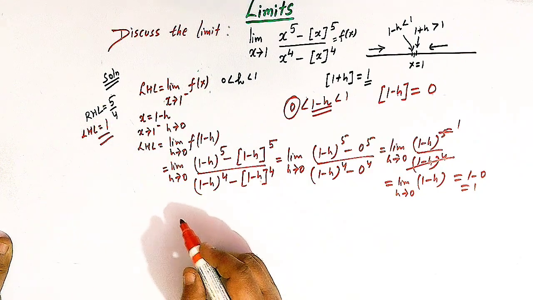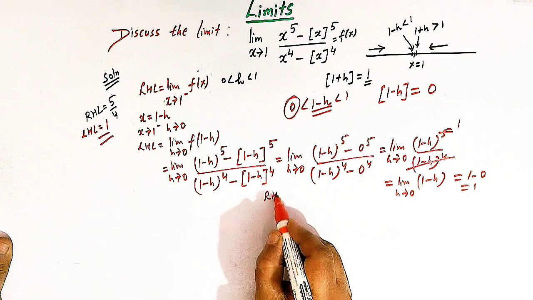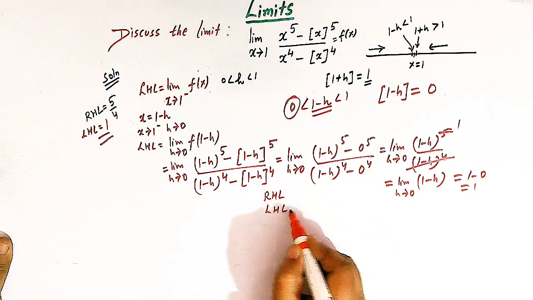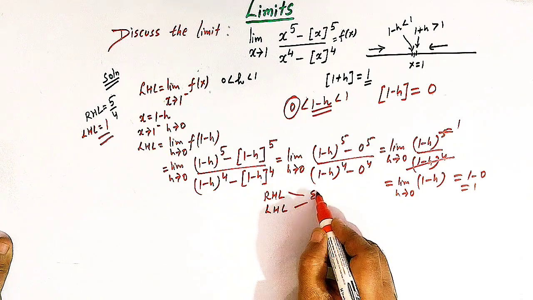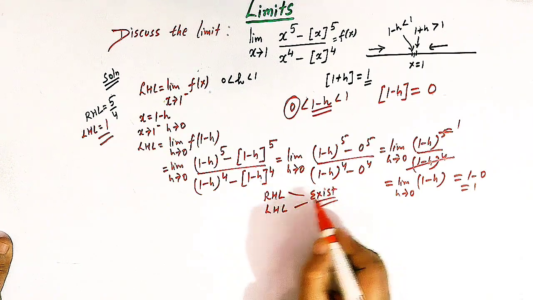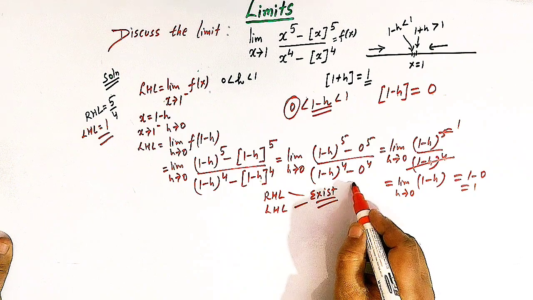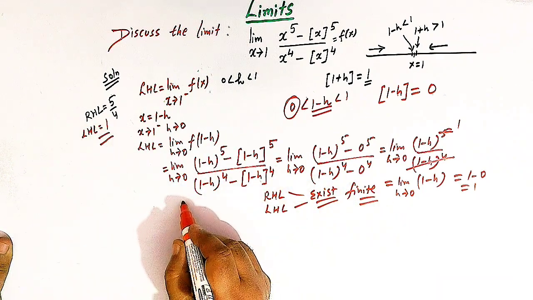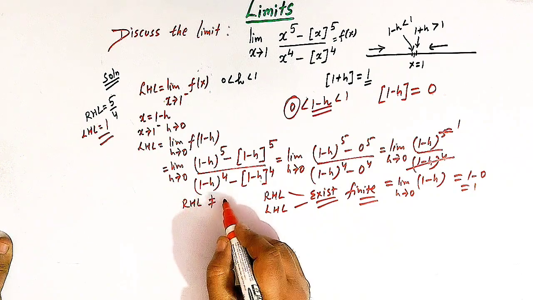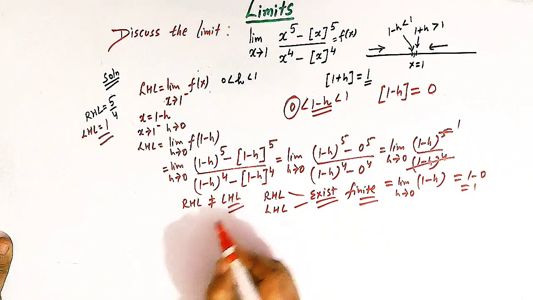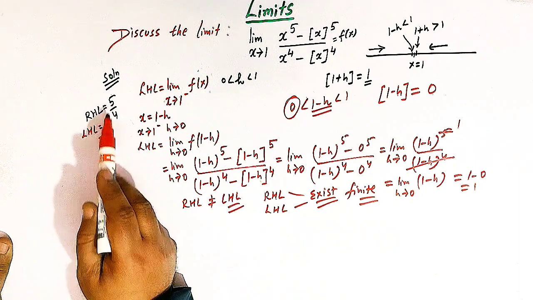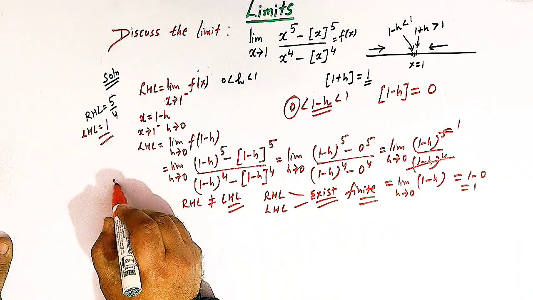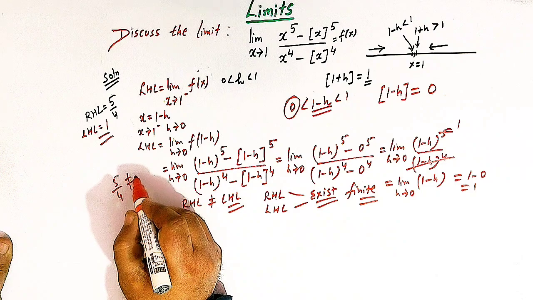So we can see that the right hand limit and the left hand limit both exist, right? So both the limits exist and they are finite. But the important thing is that the right hand limit is not equal to the left hand limit, because 5 by 4 is not equal to 1.